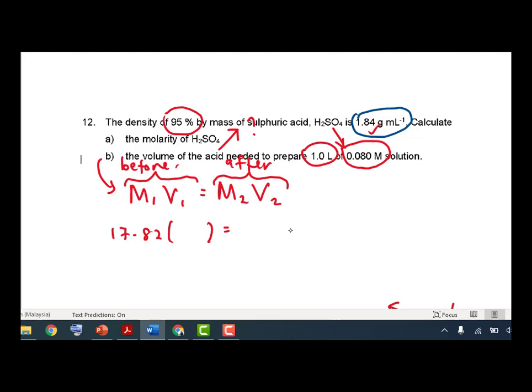So that is your M2. Volume is to prepare 1 liter only. Of course, you can calculate your V1. So what is your V1? The answer for question 12 is 4.487 ml. That's all for the tutorial questions until number 12. Thank you.